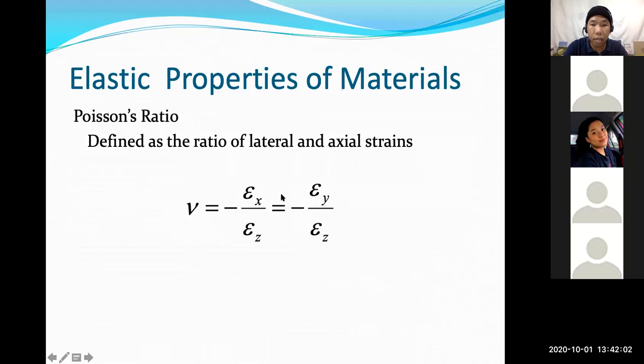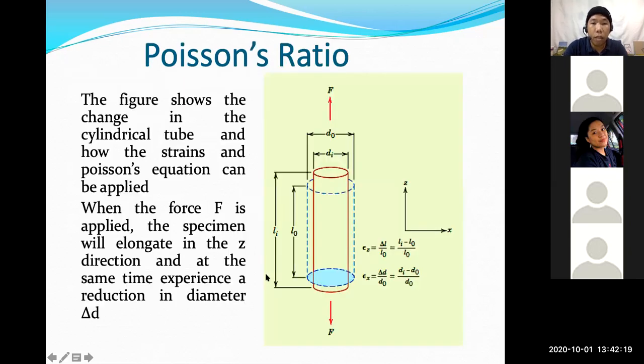So you have negative epsilon x over epsilon z, or you can also consider epsilon y over epsilon z. Now the figure shows the change in the cylindrical tube. So take a look at this figure here and how the strains and Poisson's equation can be applied. Okay, so this is Poisson's ratio.